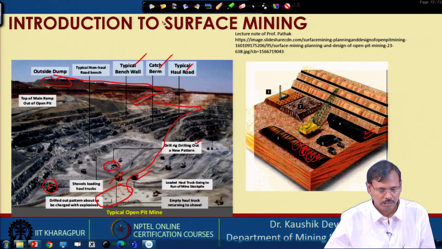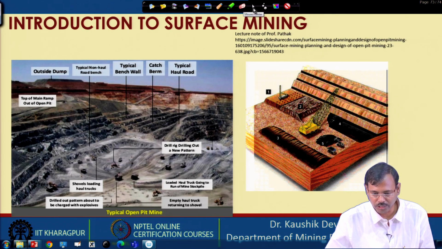So, these are the typical layouts of different mines. Circular pits are carried out in case of massive deposits, and in the case of vein deposits, but in bedded deposits mostly we go for backfilling of the void area using the overburden.